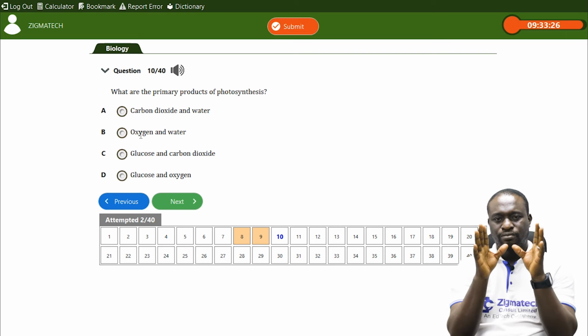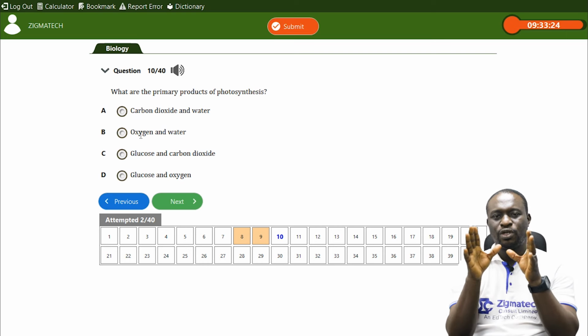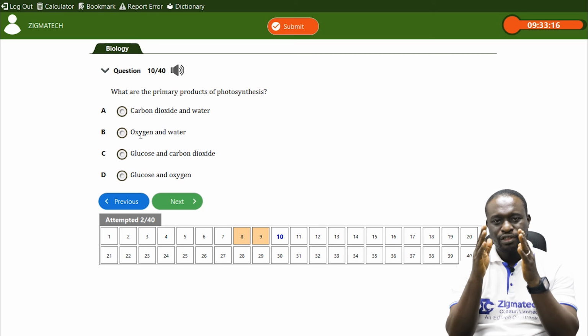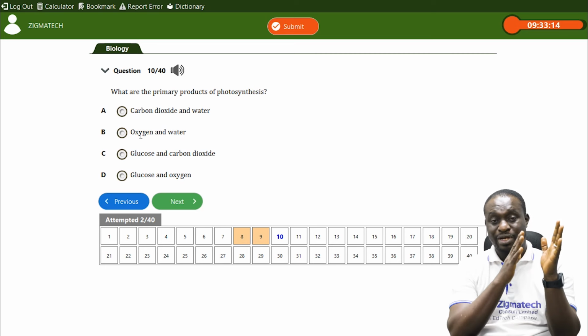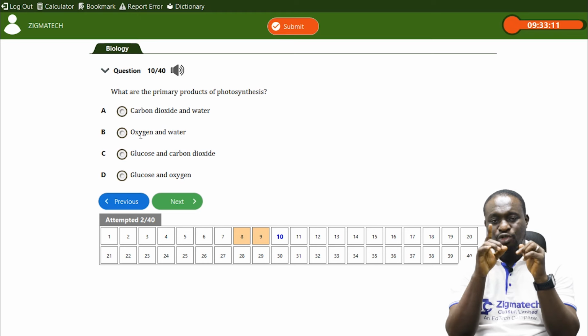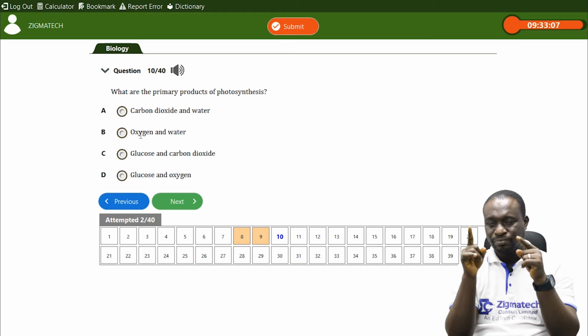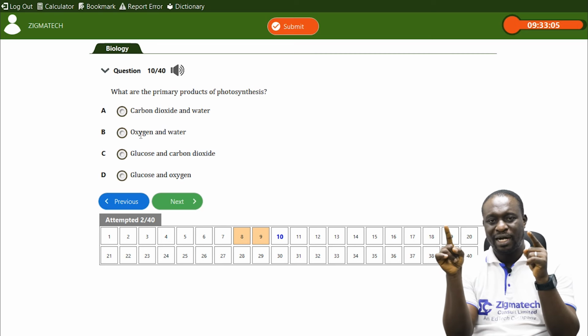If you look at the chemical equation of photosynthesis, I wish I could write it down to show you. We have CO2, which is carbon dioxide, plus H2O, which is water, on the reactant side, reacting. Then we have our reaction arrow.